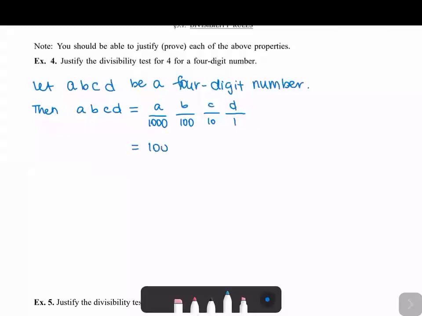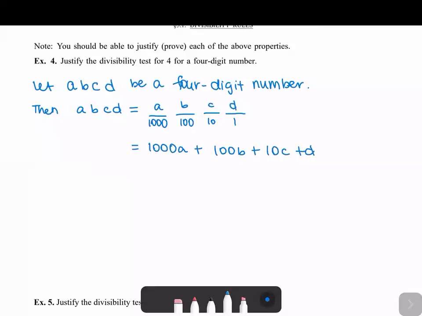So this is 1,000A plus 100B plus 10C plus D. Okay, so you could have written this A times 10 cubed plus B times 10 squared plus C times 10 to the first plus D times 10 to the 0, but we've written that so many times that I just kind of skipped to this step.